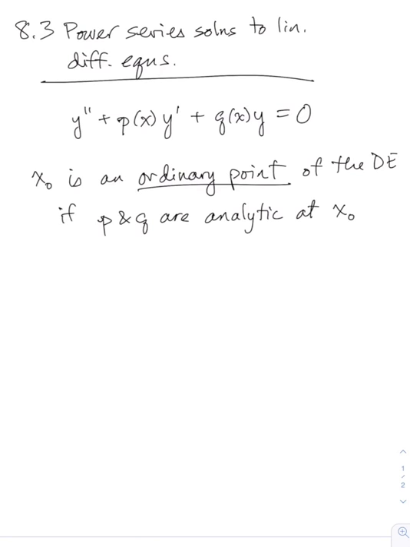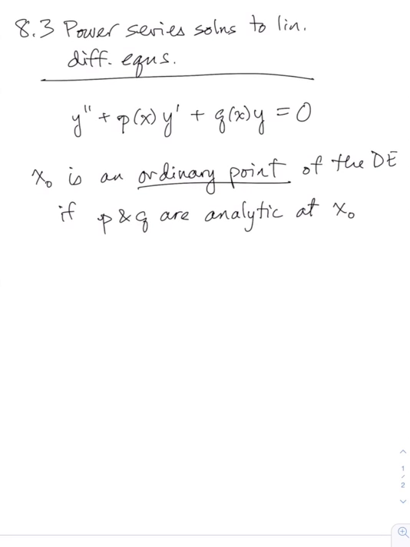Remember what that means. To be analytic at x0 means that p and q have power series representations centered at x0. If that's not true, if either p and or q are not analytic at x0, then x0 is a singular point.